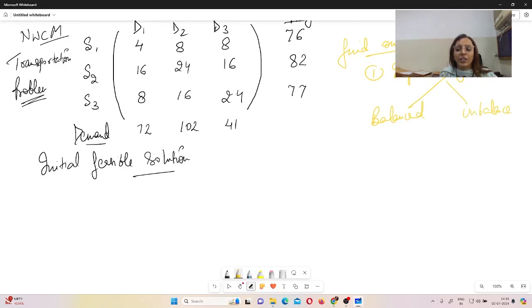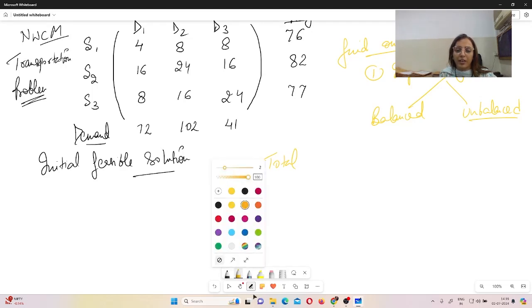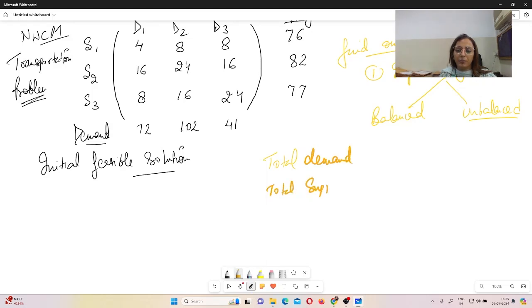If it is unbalanced, then we have to create a dummy row or a dummy column, depending upon the situation. If it is balanced, then you can proceed further. So how can we find out whether it is balanced or not? We have to find the total demand and the total supply, right?